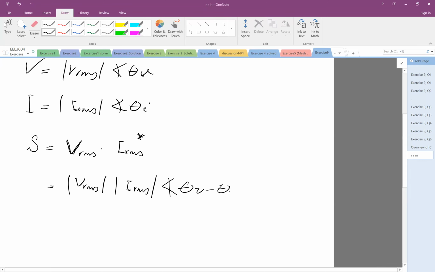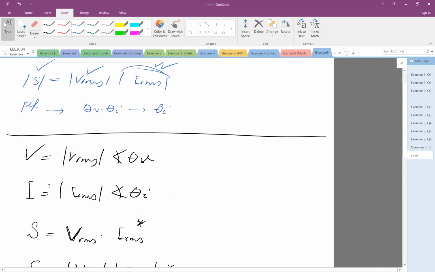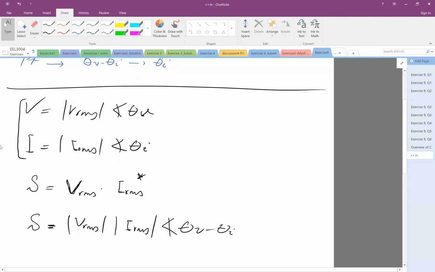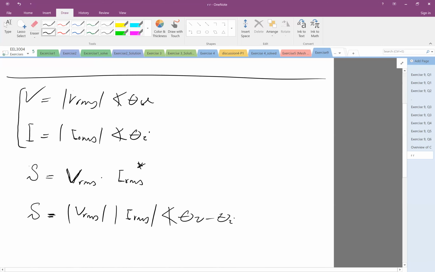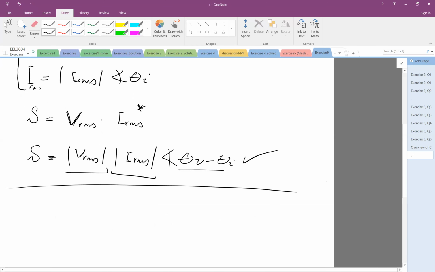That's my theta V minus theta I. So either way, given these two, you can either say the whole phasor of V RMS times I conjugate, or you have just the magnitudes. Just multiply the V and I magnitudes, and then the phase is theta V minus theta I. Yeah, so that's finding the S.